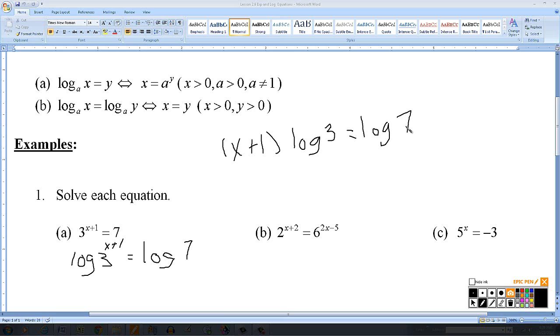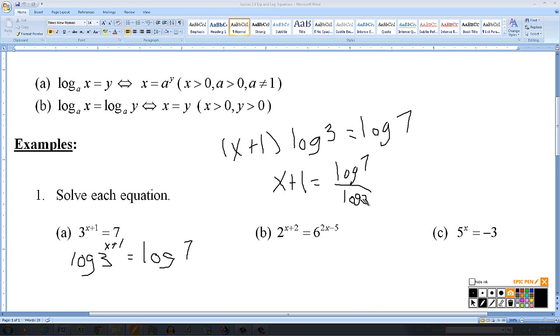Then I can multiply it through here, or I could divide through if I wanted to. Just divide through by the log of 3. So x plus 1 should equal the log of 7 divided by the log of 3.